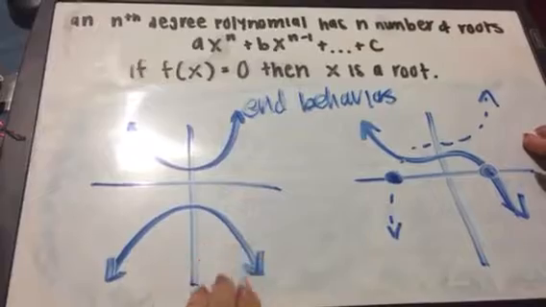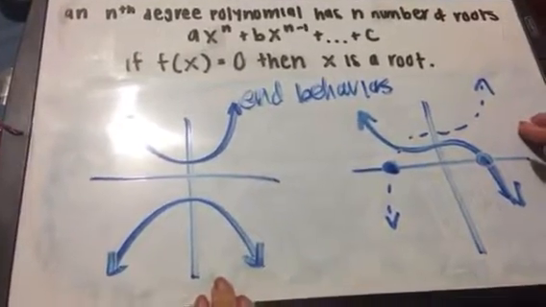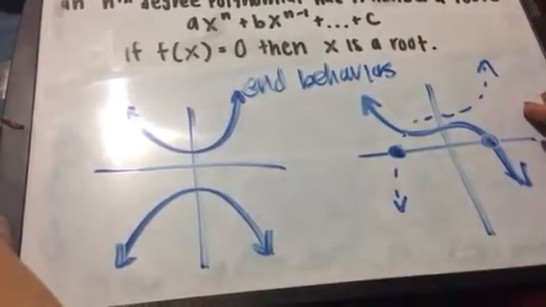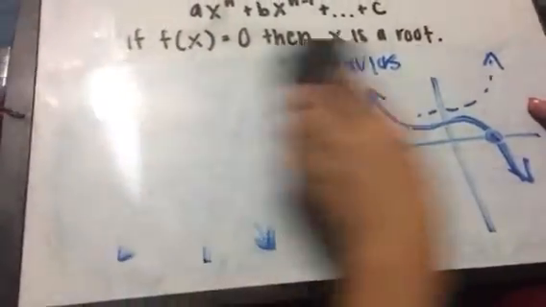And the fact that an even polynomial can have no real roots, but an odd polynomial must have at least one. So let's test this knowledge in an example.